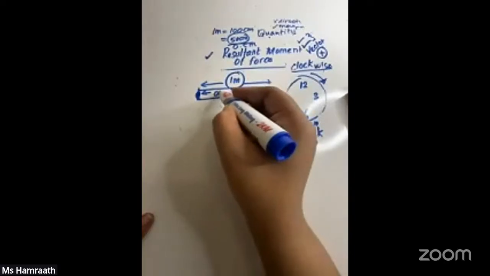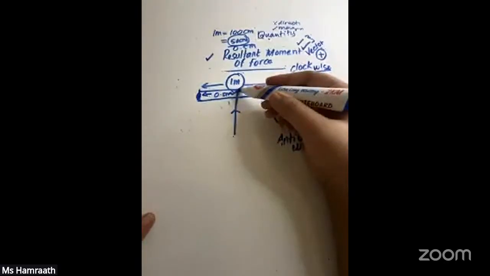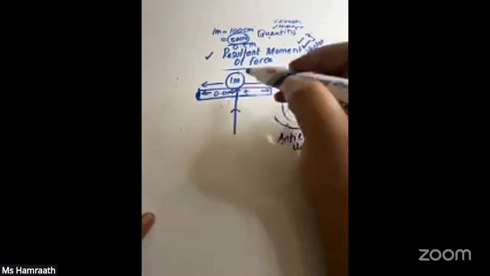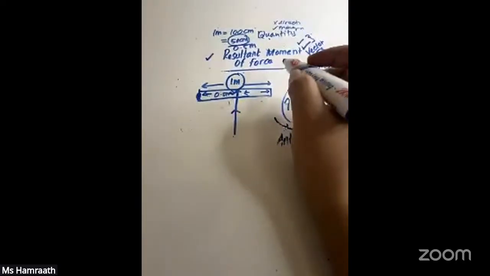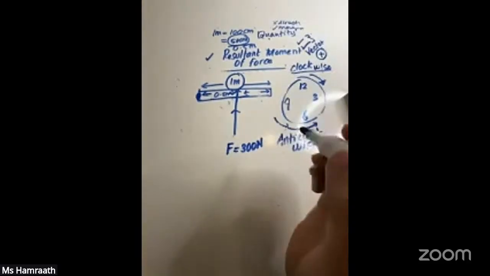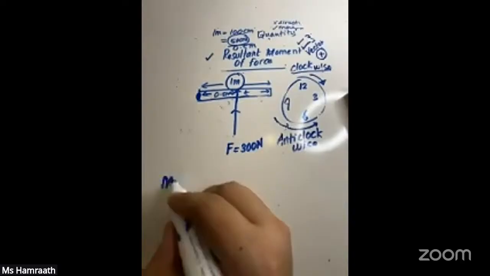So what is the main question here? I am applying a force from the center. From my force to the axis of rotation, the distance is 0.5 meter. The force that I'm applying is 300 Newton. Now, can you find the moment of force?